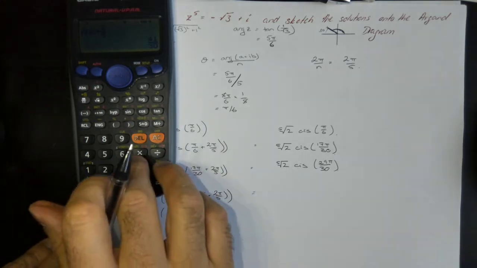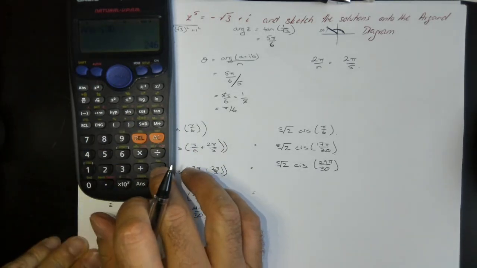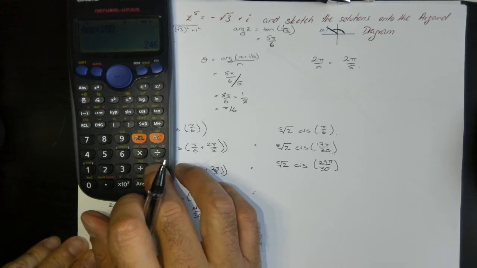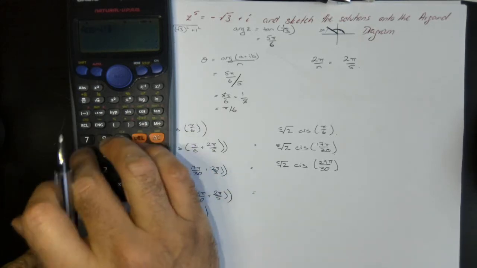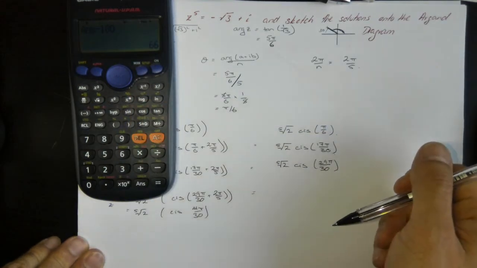Okay, what's that? That's 246, so I have to minus 180 from that. So I've got 66 over.